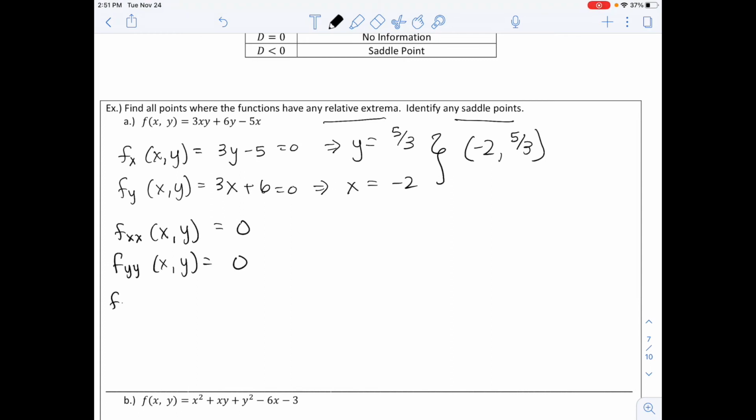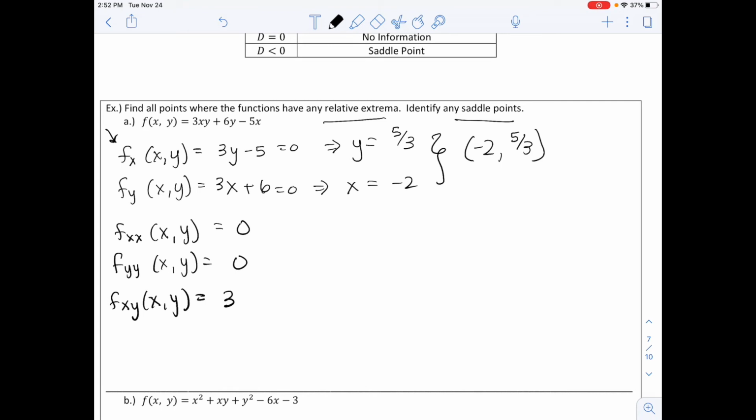And then I also need to find the derivative with respect to x first, so looking up here at the first order partial derivative with respect to x, I need to take the derivative of that with respect to y. f sub xy of (x, y) is equal to, the derivative of 3y minus 5 with respect to y, which is going to be 3.